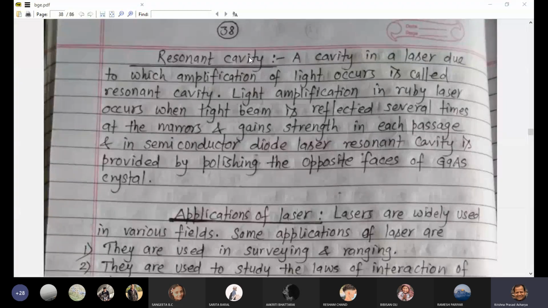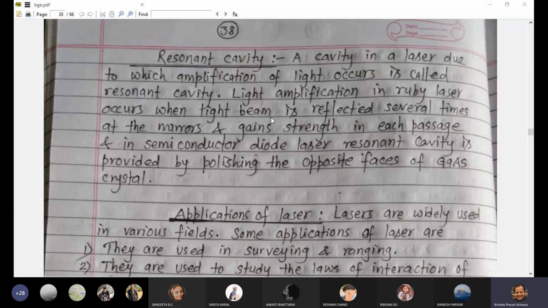A cavity in a laser which helps for the amplification of light is called resonant cavity.